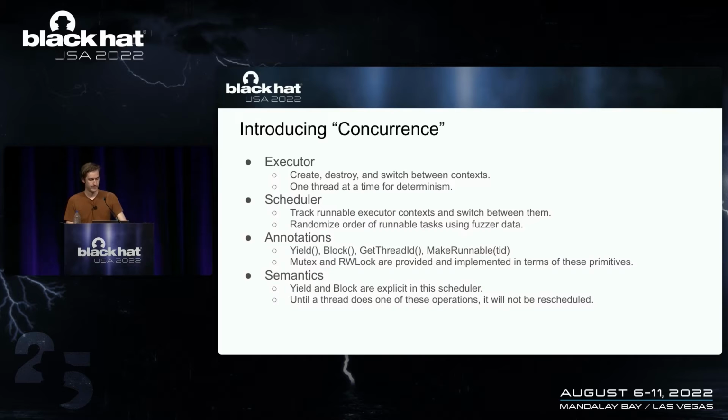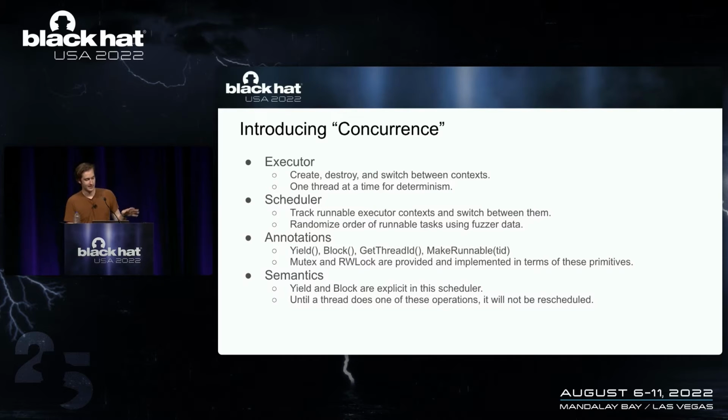And so I included that idea here. So the scheduler not only just keeps track of what's runnable and switches between them, but rather than doing them purely in order, whenever we have a choice, we'll just pick a random task to switch to.